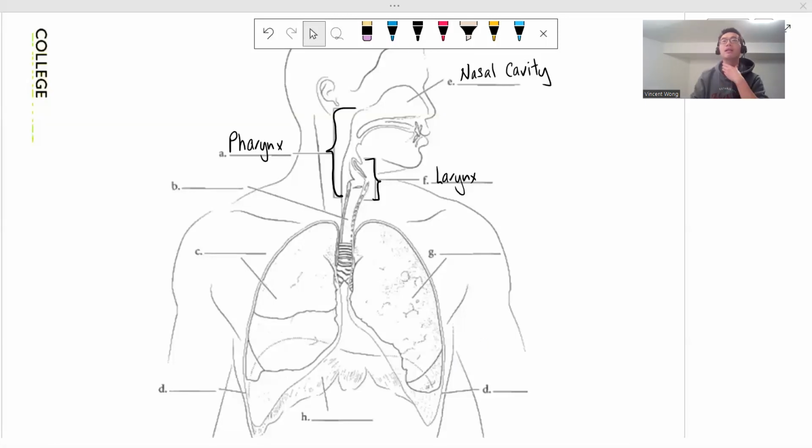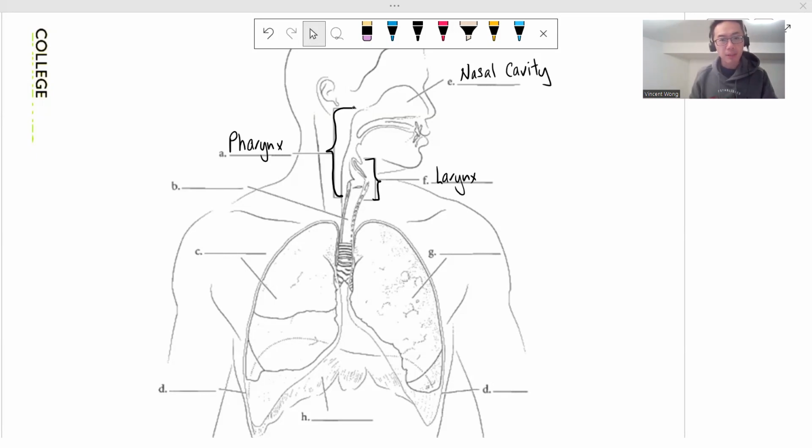And of course, the larynx is protected by different cartilage and bone structures, such as the thyroid cartilage, right? We talk about the cricoid cartilage and the hyoid bone. That was labeled elsewhere in the study guide, so be sure to check those out.